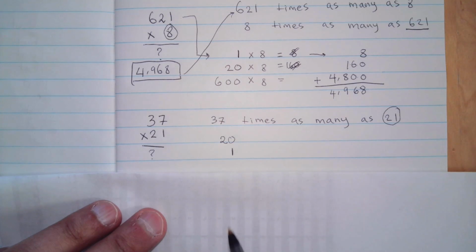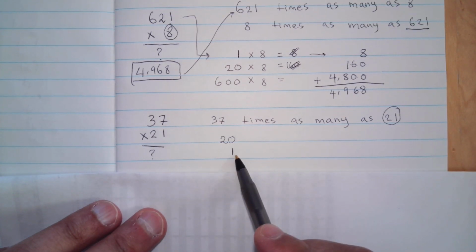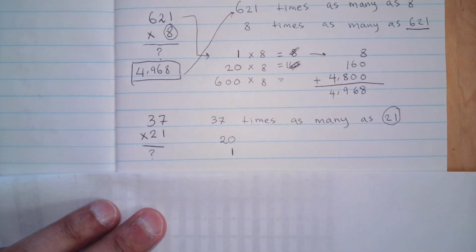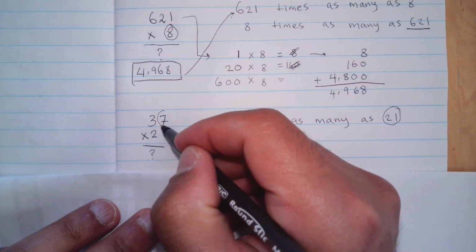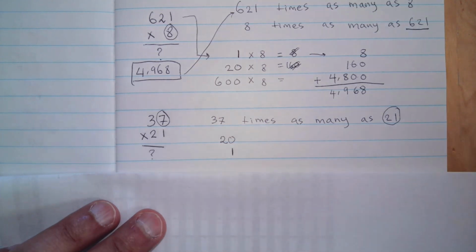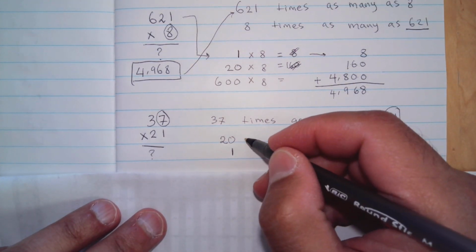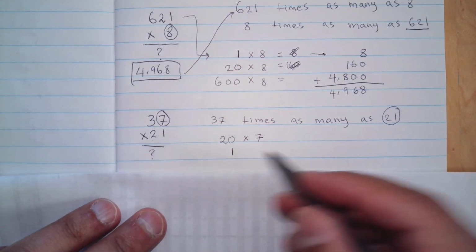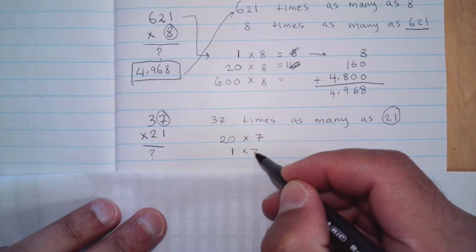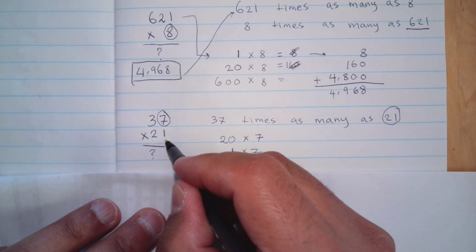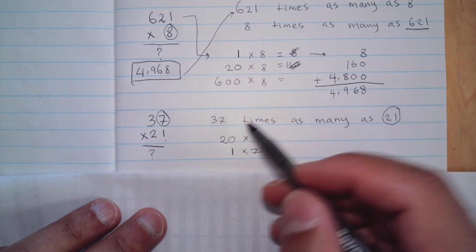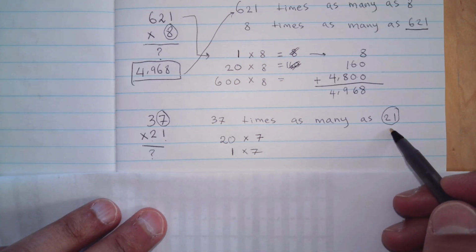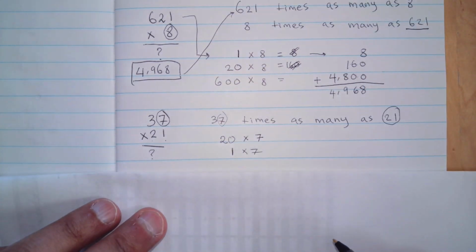Now, I'm going to have to multiply 21 by 37. So let's circle the first digit of 37, the 7. That means I'm going to multiply the 20 by 7 and the 1 by 7, right? Because we want to find 37 times as many as 21. So we're going to multiply by 7 first.